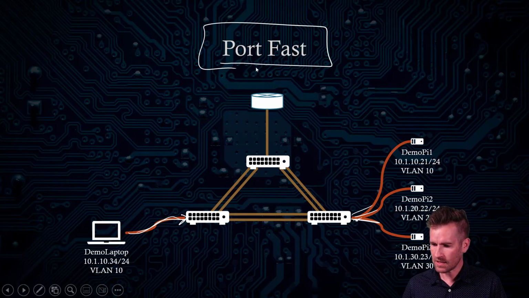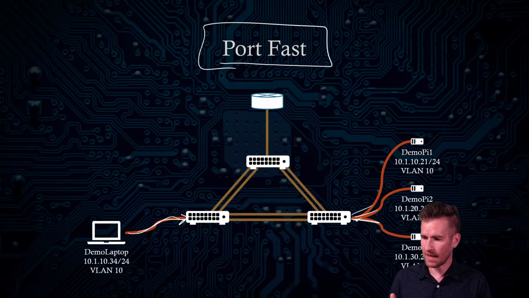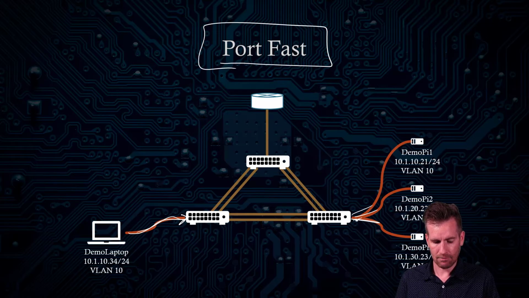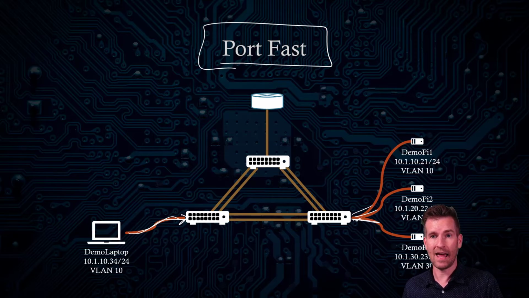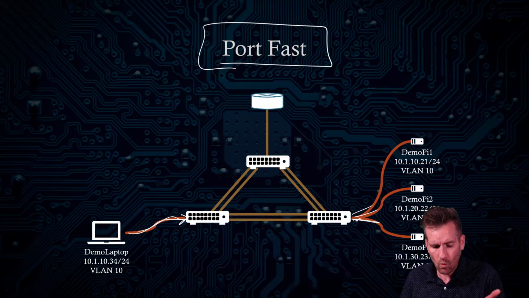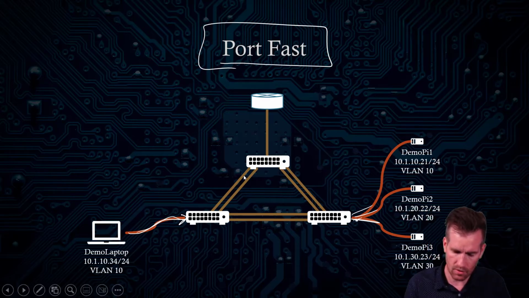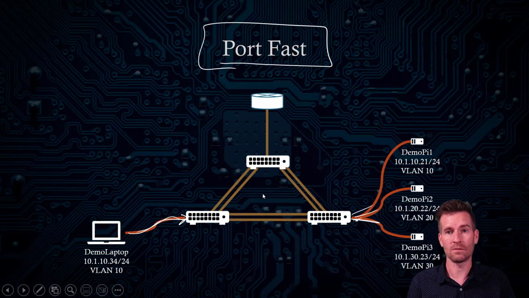And then what will happen is it's going to skip some of those steps and go into sending information out much sooner. So this is a command that can help my ports come up much faster. But I wouldn't want to put it on a port that has a switch plugged into it. Preferably, we wouldn't put it on those trunk ports.